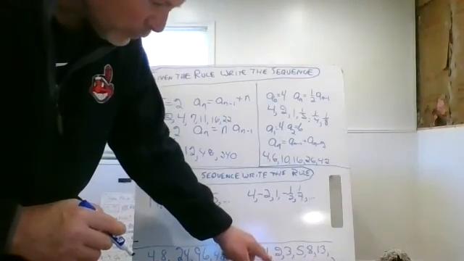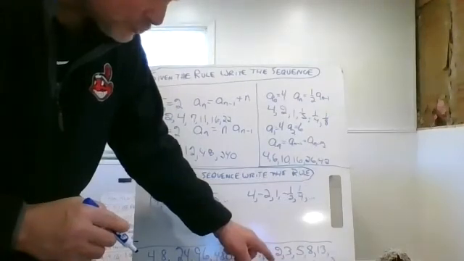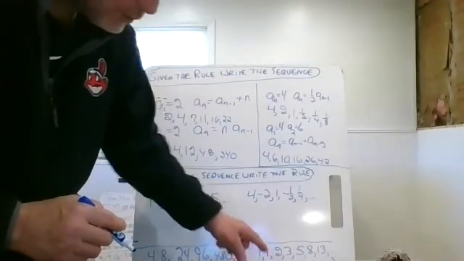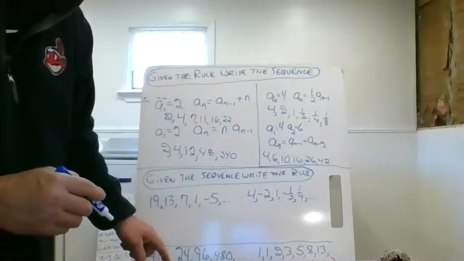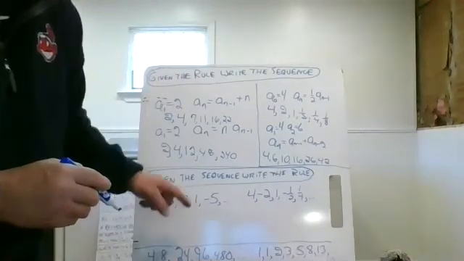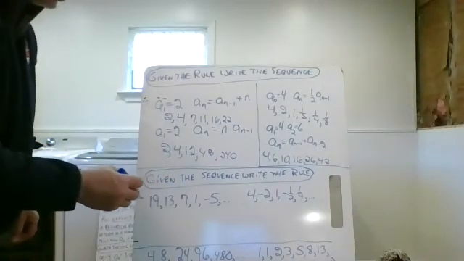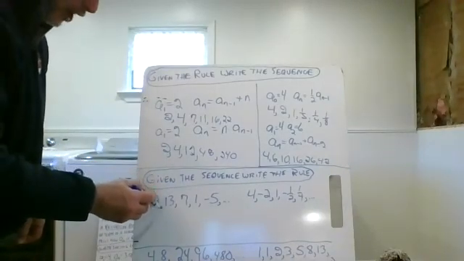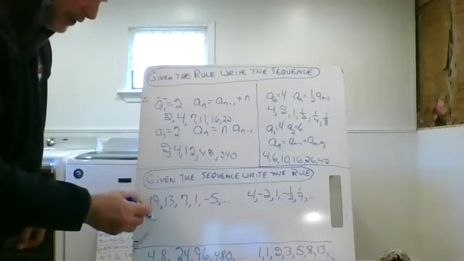This last one, we're going to work with a sub 1 and a sub 2 and try to figure out the rule. These other ones, you're just working with a sub n minus 1. So we have a little better shot at getting it. Okay, so again, let's start with this sequence and find the term generator.